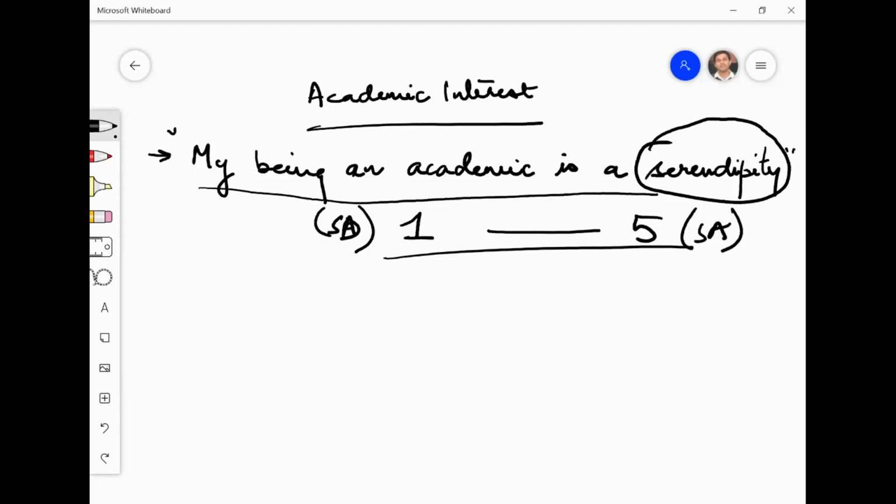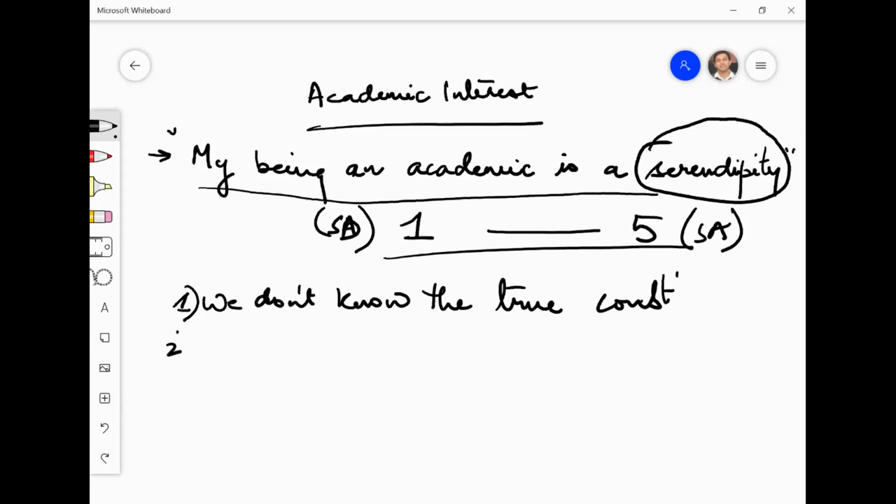I told you that errors happen, one, because we don't know the true construct, so we are not sure whether what we are measuring is right or not, and the second is there are problems with the items we have written, which can create another kind of confounding.